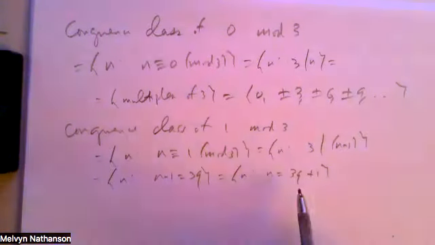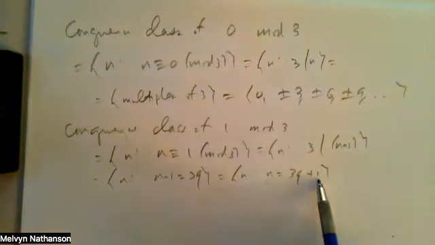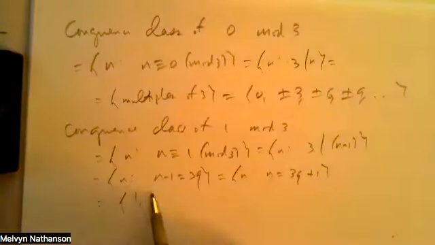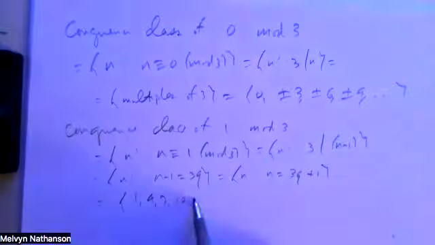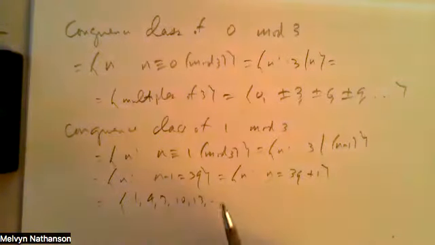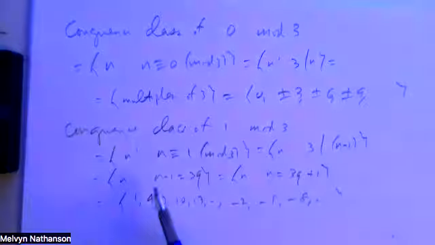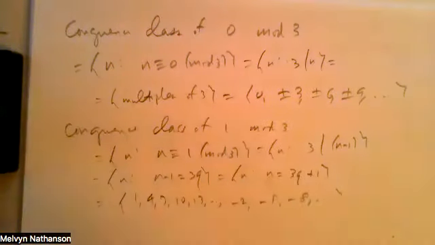That is, all numbers that leave a remainder of 1 when you divide by 3. So we have 1, 4, 7, 10, 13, and so forth. And negative numbers, -2, -5, -8, and so on forever. This is the congruence class of 1 mod 3.